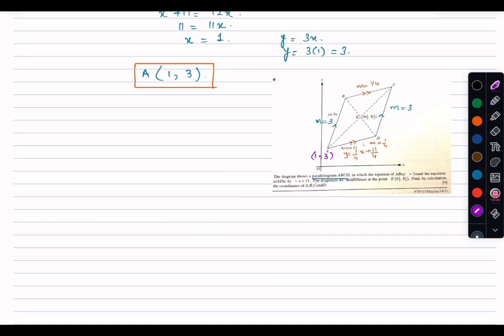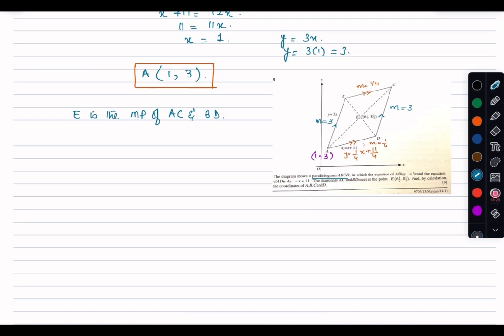So if E is the meeting point of the two diagonals, then E has to be the midpoint of AC, and also of BD. This is the property of a parallelogram.